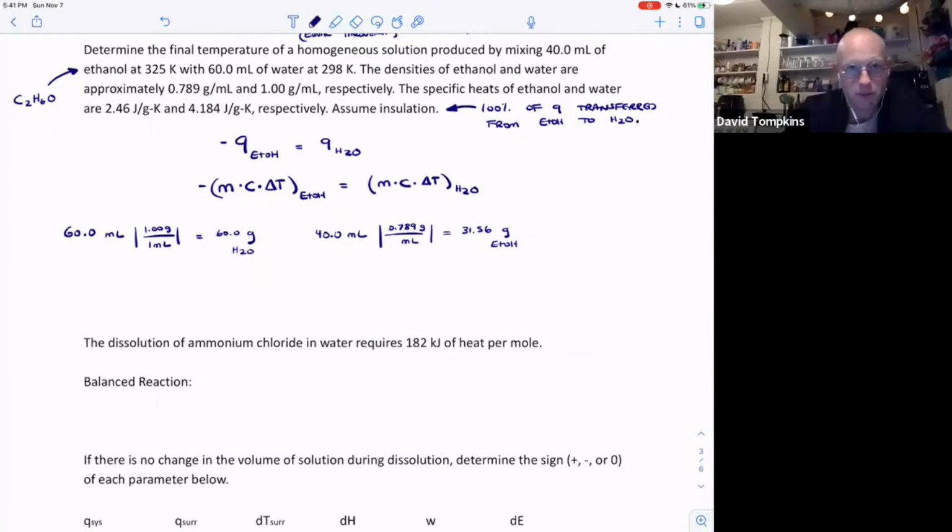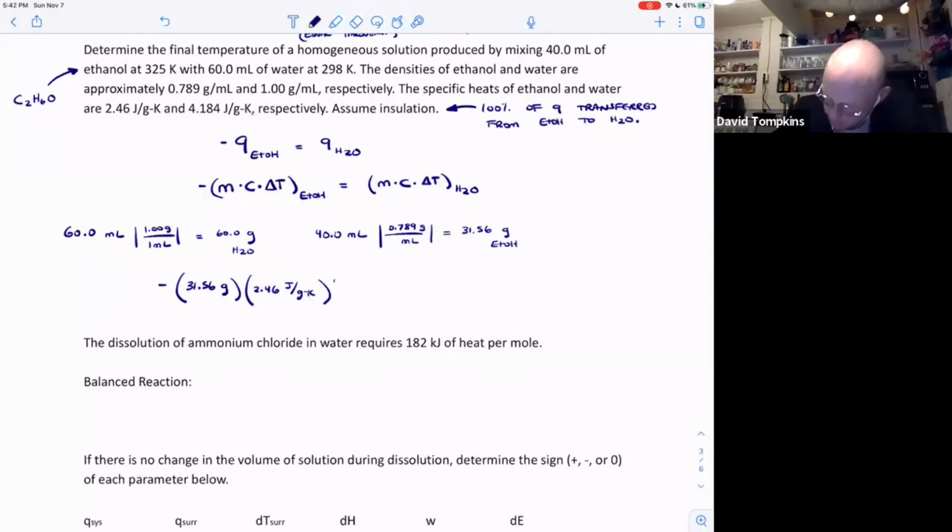Okay, so now we can plug these in. So heat is lost from ethanol. There's a negative sign there. The mass is 31.56 grams. The specific heat is lower than that of water, 2.46 joules per gram degree Kelvin.